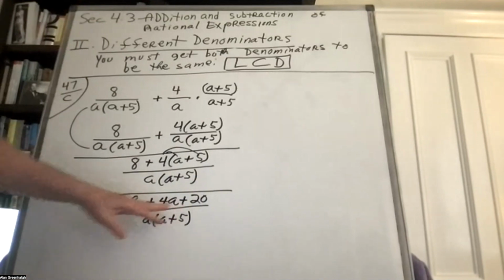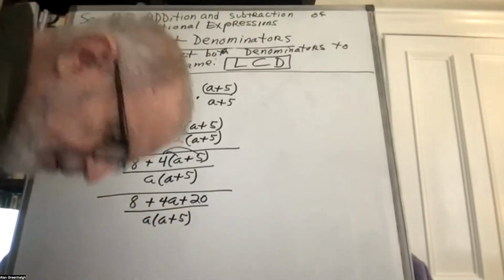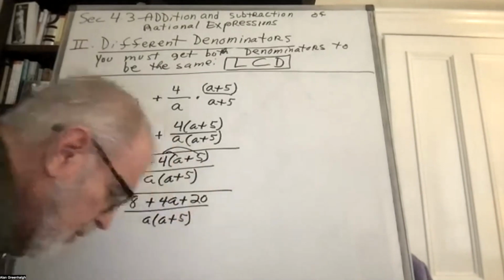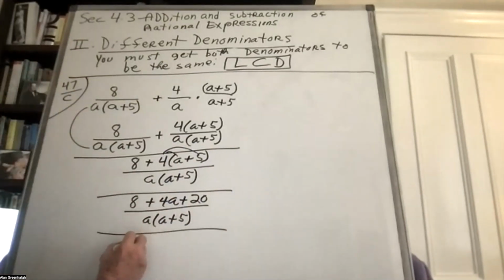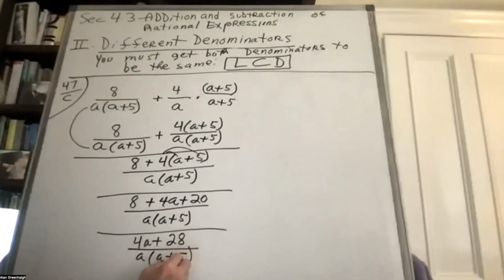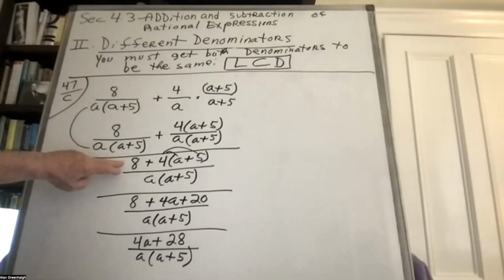Now, we still have to simplify this even further. We want to go even further with this, right? So we get 4A plus 28 over A times A plus 5. Checking my work.